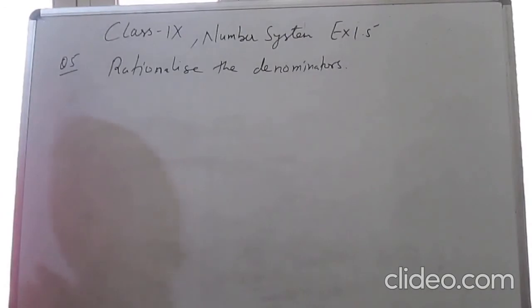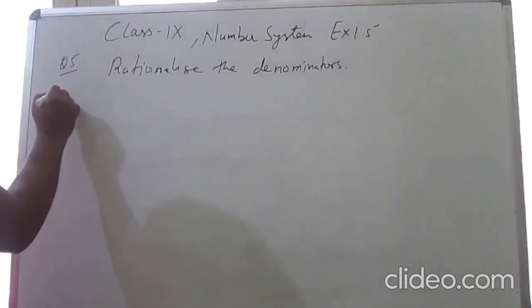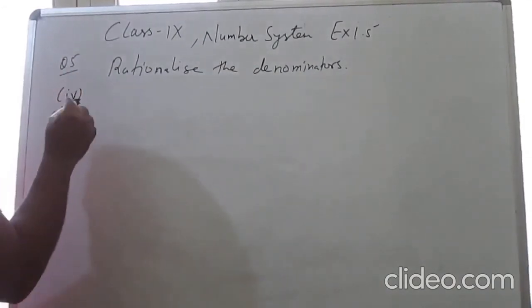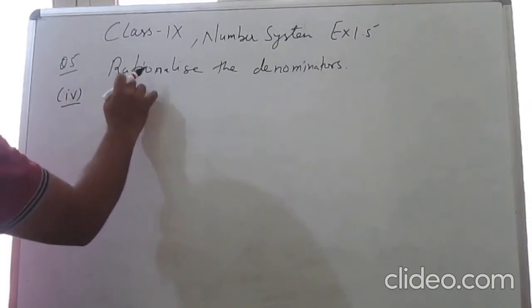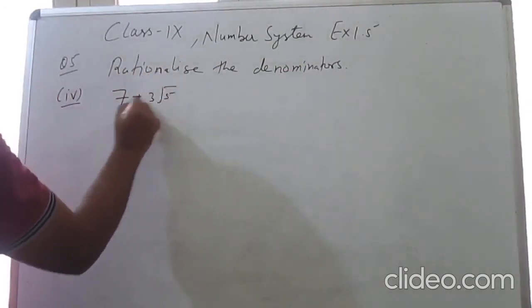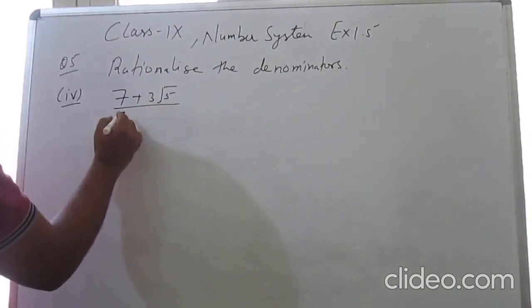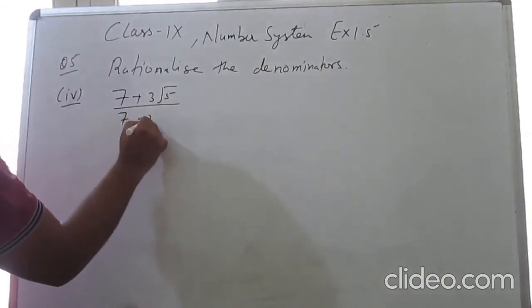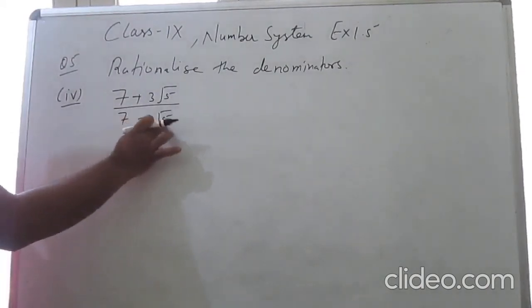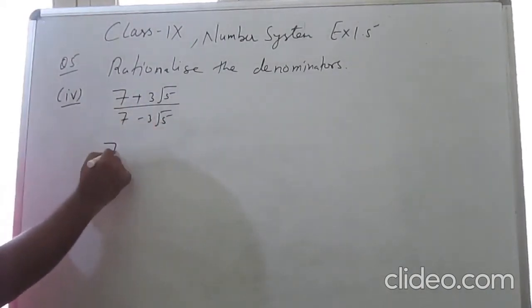Now I take another question of this type. Rationalize the denominator. 7 plus 3 root 5 upon 7 minus 3 root 5. Now, in the denominator 7 minus 3 root 5, rationalize it.